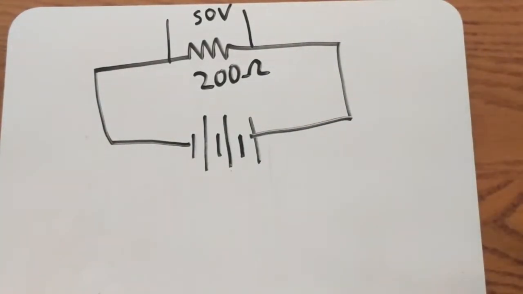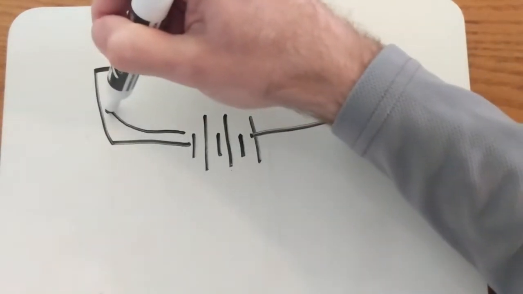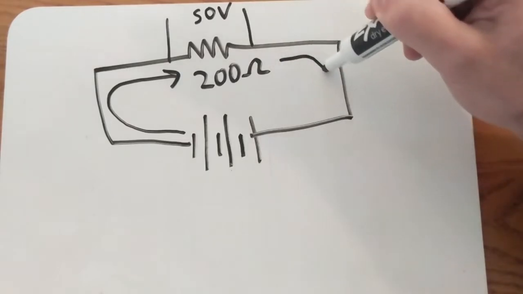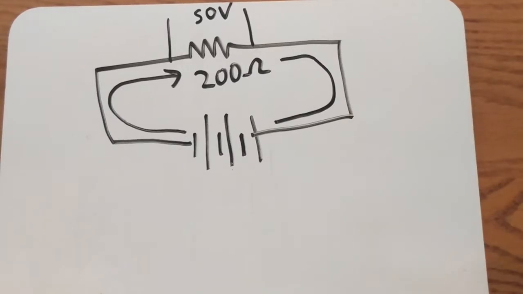Now, we want to figure out the current that is flowing through here. So the current would go through there, travel through the resistor, and then back to the other side of the battery, the other side of the voltage supply.